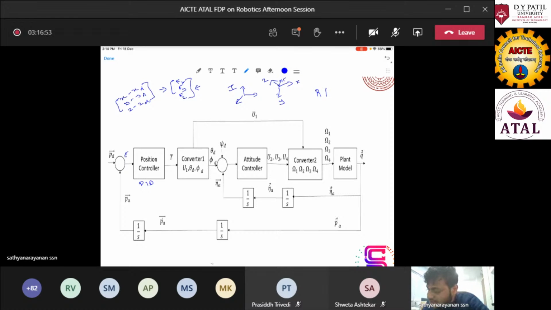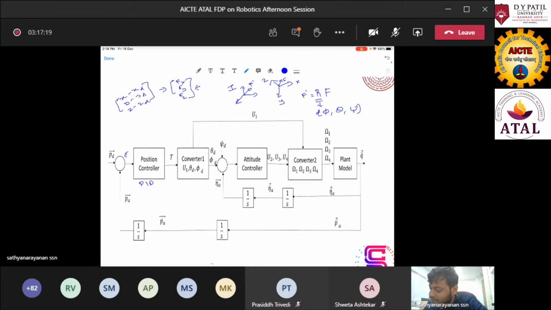So let's say this is F. You have R times F, which will convert a vector of this frame to this frame. And let's say this is F dash. The R here depends on your roll angle, your pitch angle, and your yaw angle.